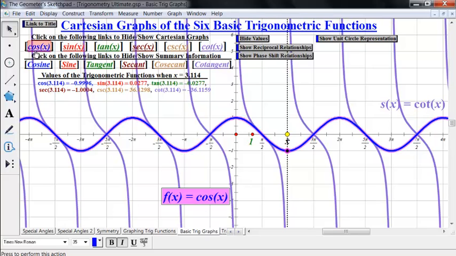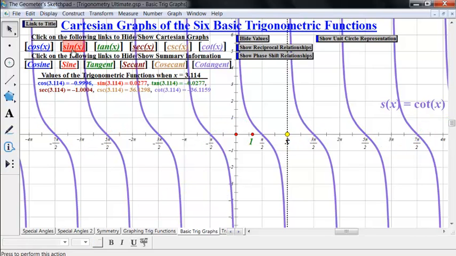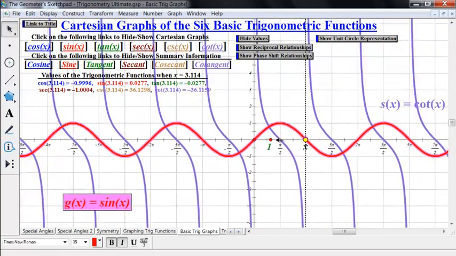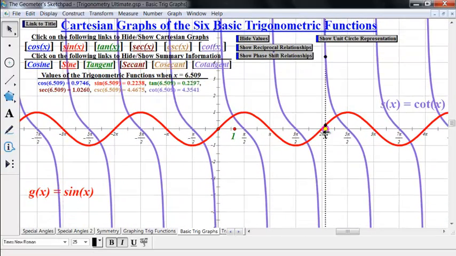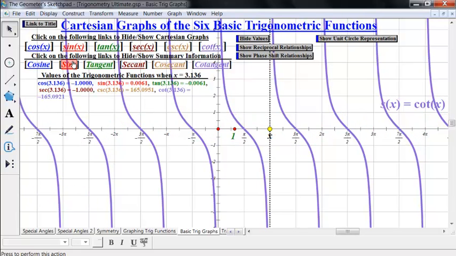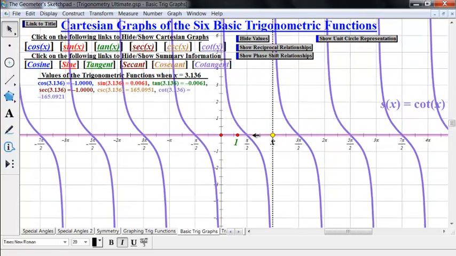Okay, and notice that's when cosine is 0. When sine is 0 at 0, pi, 2 pi, multiples of pi, that's when it's undefined. Not sure if I said that right just a minute ago, but there we go. And so there is the cotangent function.